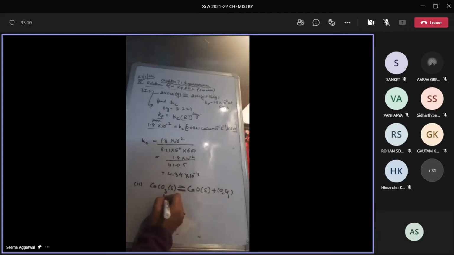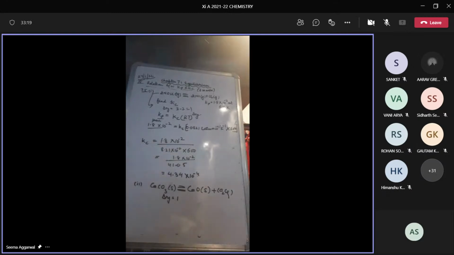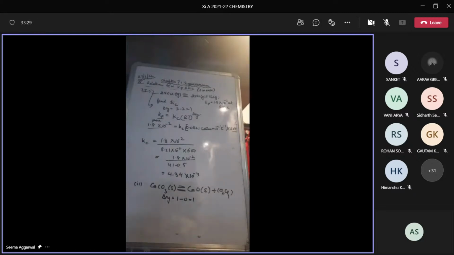What is delta Ng? Just tell me. 1. Yes, ma'am. Take the number of gaseous moles. So gas के moles है 1 minus 0, which is equal to 1. So you can solve in the same way. Okay. Question number 7.6, reverse reaction का that you can do.